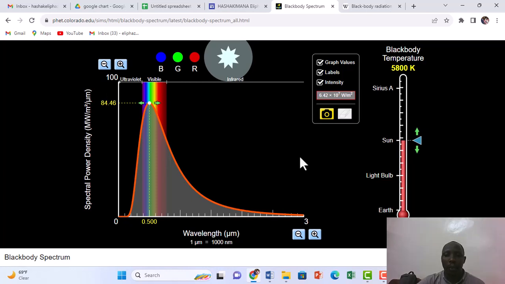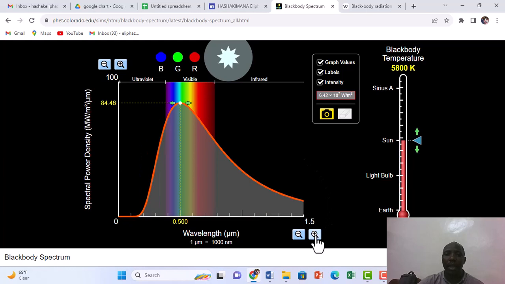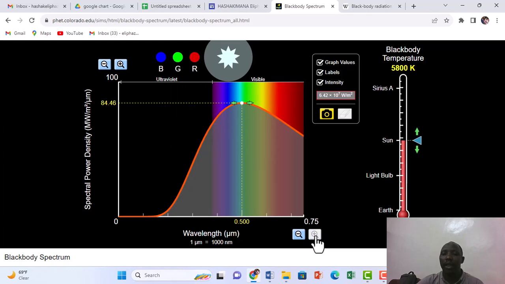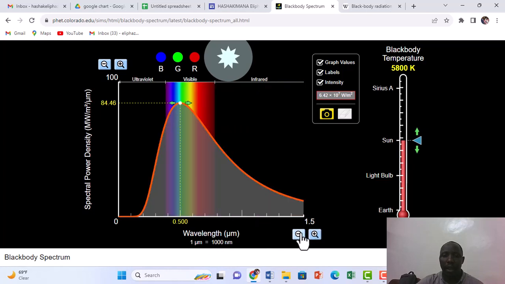Suppose we are increasing the wavelength. If the wavelength increases, you see that the intensity also increases, the spectral power density increases. You understand? You see, it is increasing. As you remember, you have been given that 1 micrometer is equal to 1000 nanometers. That is why you see it changing on that level. Let us come back to the initial state.